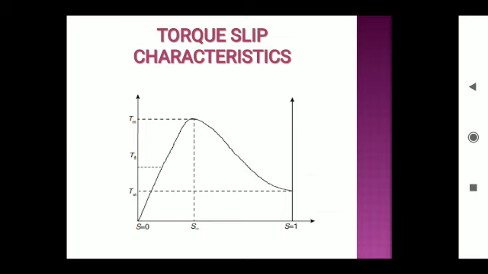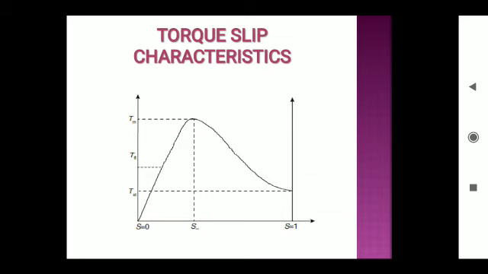The torque gradually increases, or torque is proportional to the slip. At the medium slip region, or at S equals Sm, the maximum torque occurs, or the peak value of torque is reached.